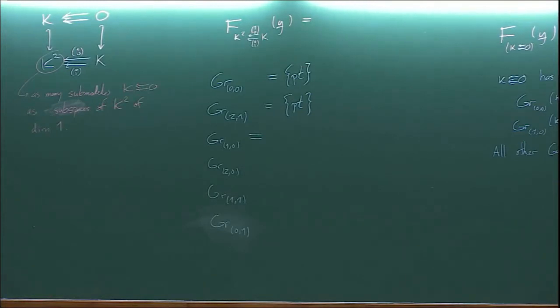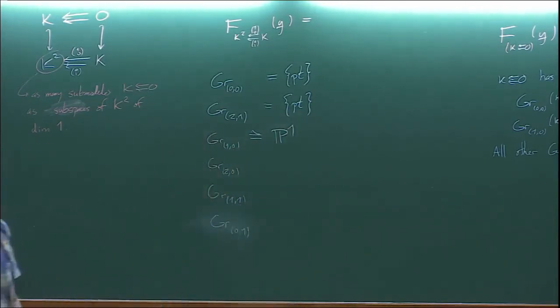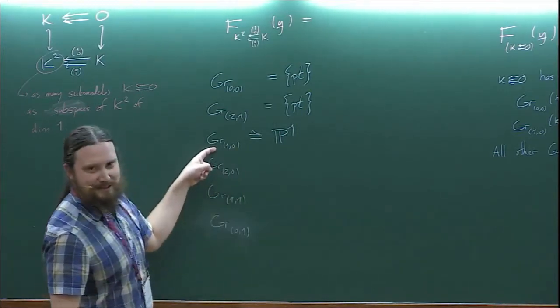And what variety parameterizes the subvector spaces of dimension 1 inside a vector space of dimension 2? This is the projective line. Yes, lines in a plane. That's the projective line. So I found this Grassmannian.